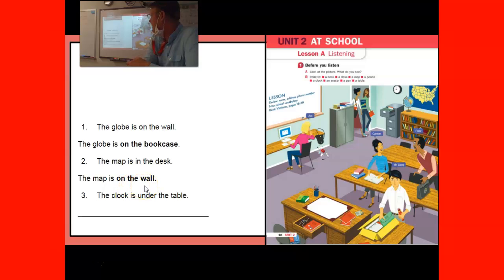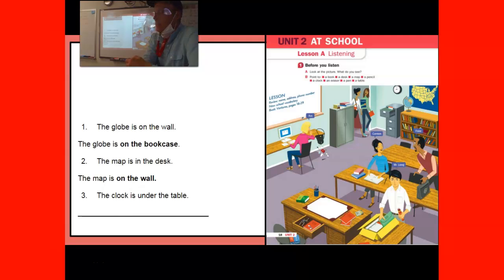Again, notice the big T, okay? And notice the period. The map is on the wall. And you can see the map up here in the video. It's on the wall, okay? So the mistake is right here. It's not in the desk, it's on the wall.